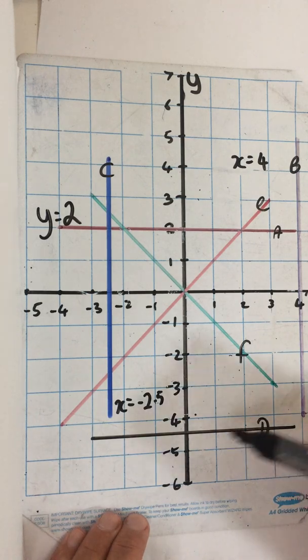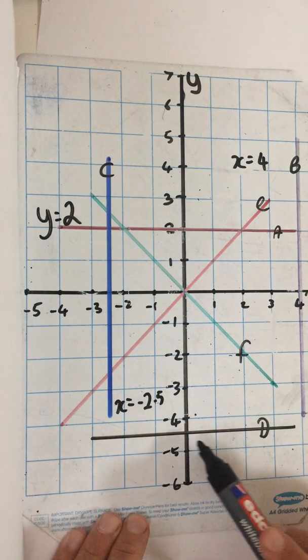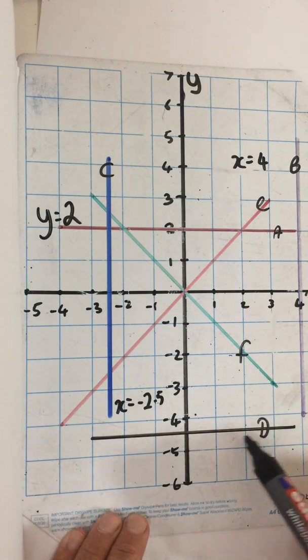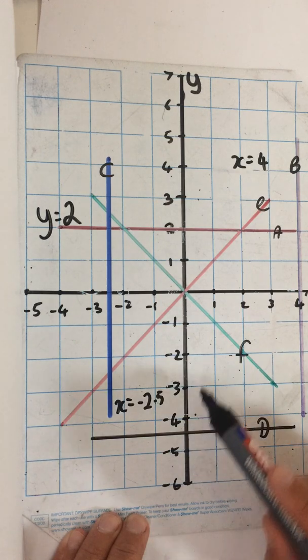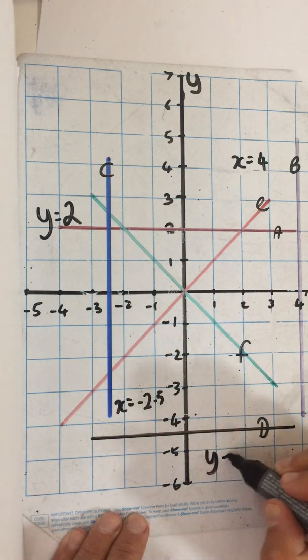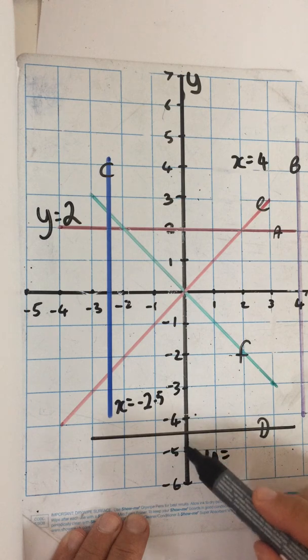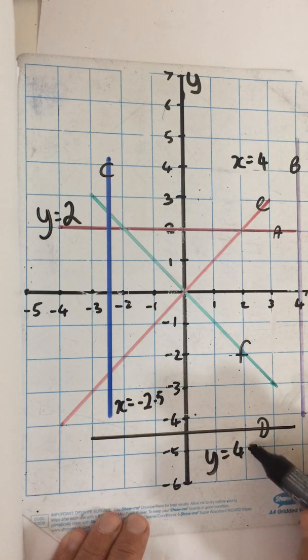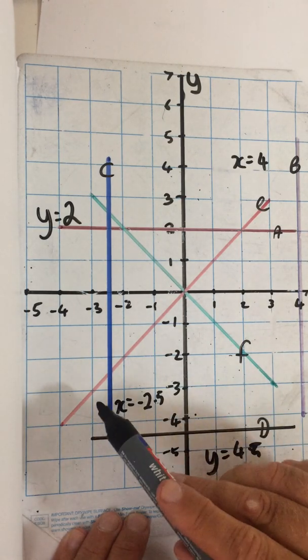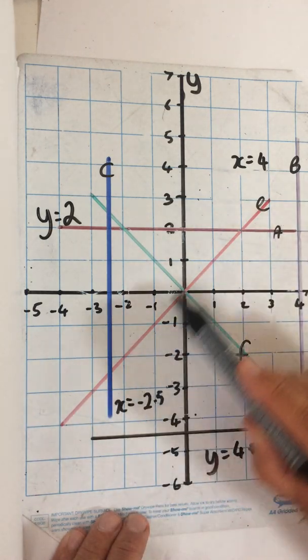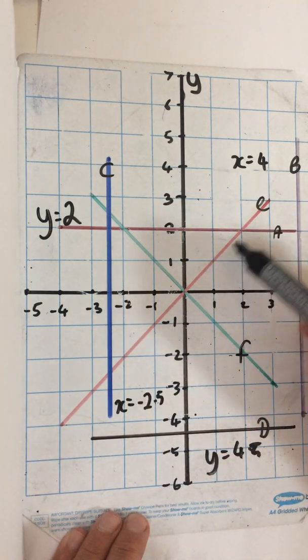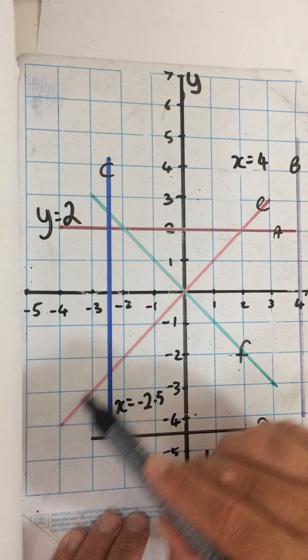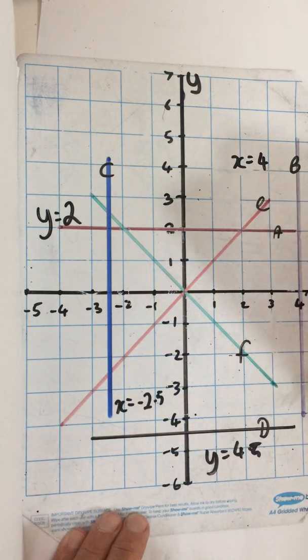Let's have a look at D. Again, coming along here down the bottom, it's splitting the y-axis, so it will be y equals, it's halfway between 4 and 5, 4.5. Remembering E, when we're going in this direction, when we're heading to the positive numbers, this one is y is equal to x.